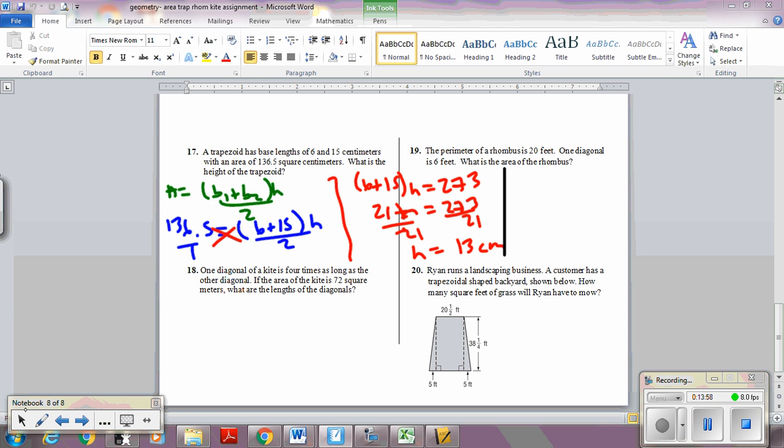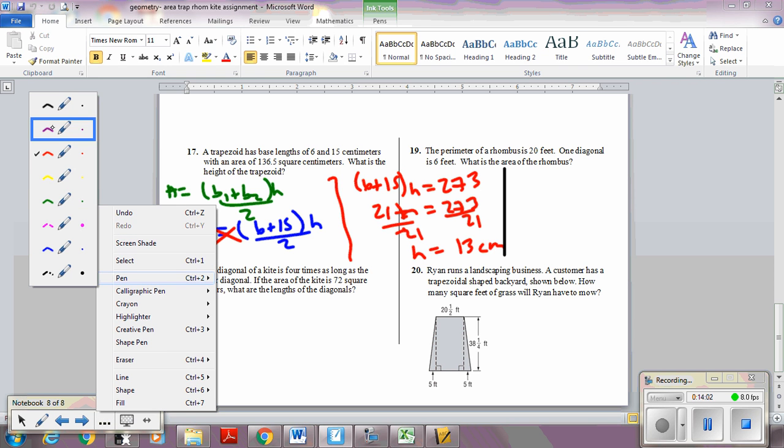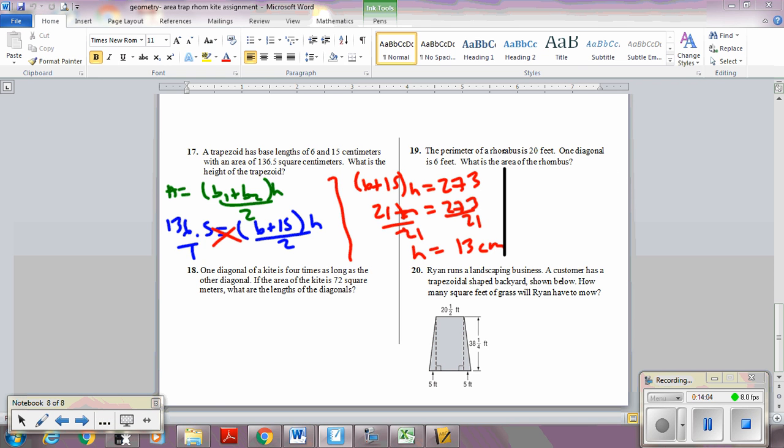All right, number 19 says that the perimeter of the rhombus is 20 feet. So that means each side is 5. It gives us one diagonal, and it wants to know what the area is. So you probably want to draw this figure.